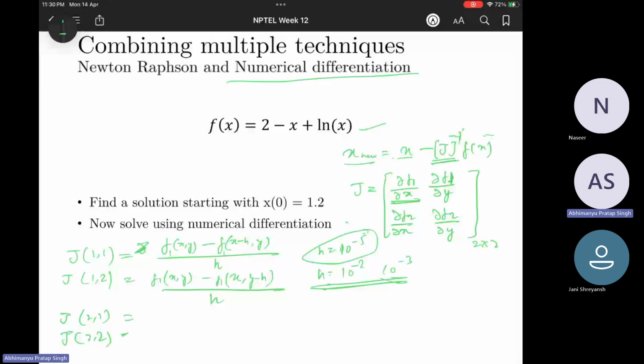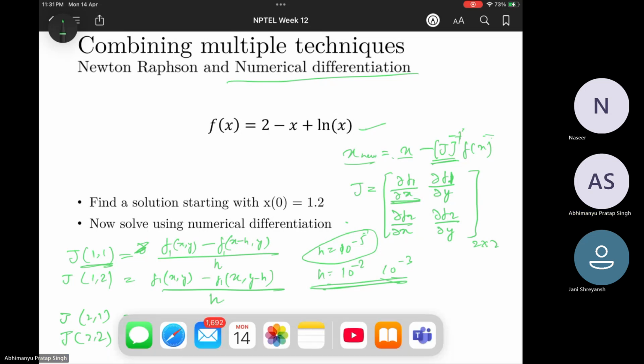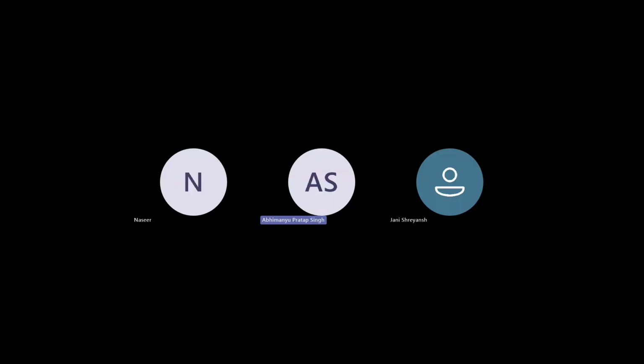So for the first element of the Jacobian, we perturb the x part of the function f1, and for the second row first element, we perturb the x part of the function, and for the second row second element, we perturb the y part of the function. And likewise we do for all the elements of the Jacobian. If it's a 3x3 system, then we do it for all the 9 elements. And as the size increases, this calculation also increases. Okay, so I will now explain the code.